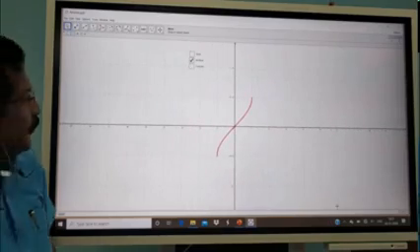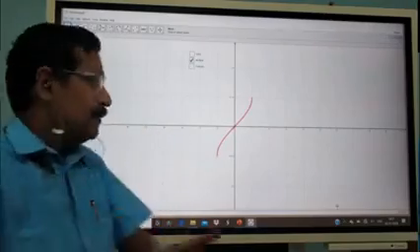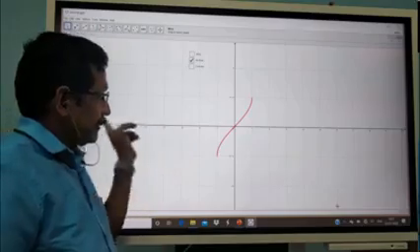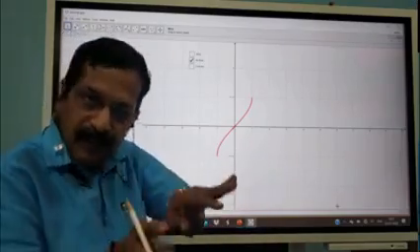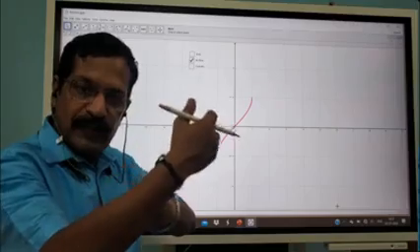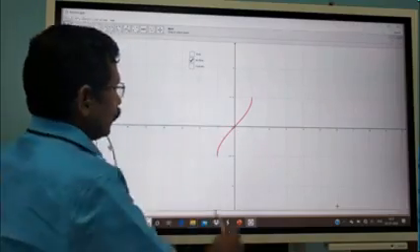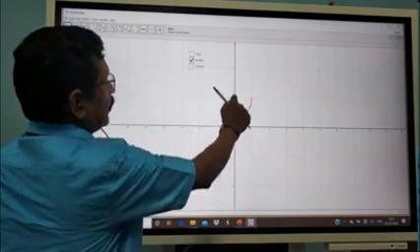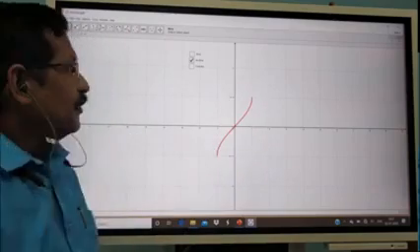You can see that in the case of sine, the x-axis has marks at pi by 2, minus pi by 2, etc. But in sine inverse, they will be on the y-axis. So the x-axis becomes the y-axis and the y-axis becomes the x-axis in the case of sine inverse. So here it becomes minus pi by 2 and here pi by 2. So this is the graph of sine inverse.